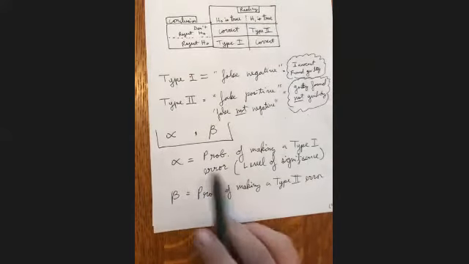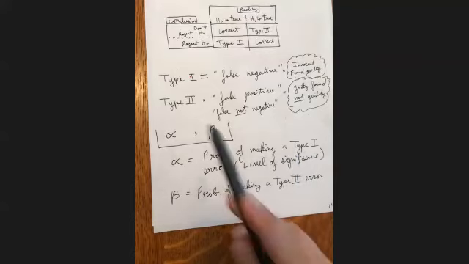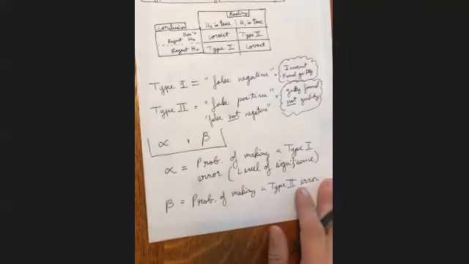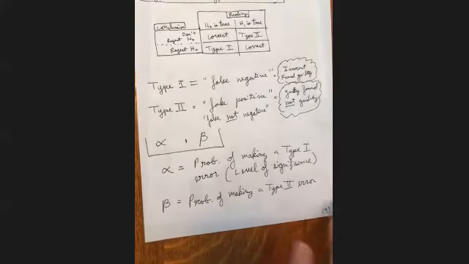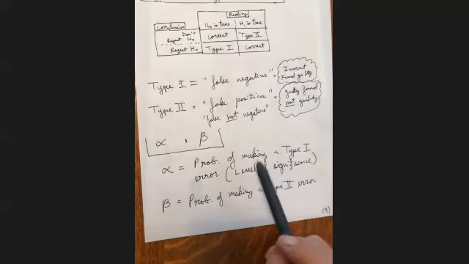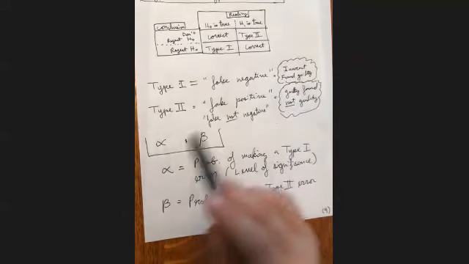The alpha value is the probability of making a type 1 error. This is something that we set up as researchers. We can say we want to design the experiment in such a way that the probability of making a type 1 error is very low. We can do that. We can control alpha.